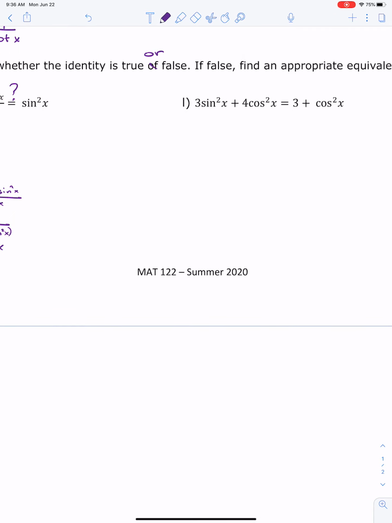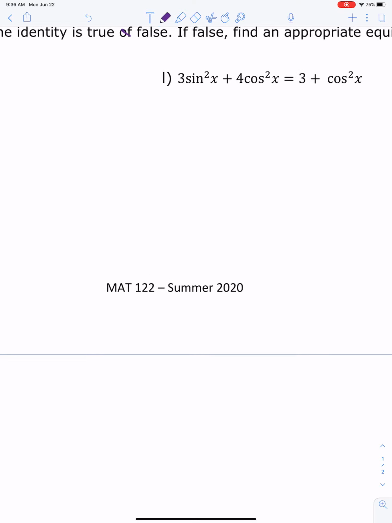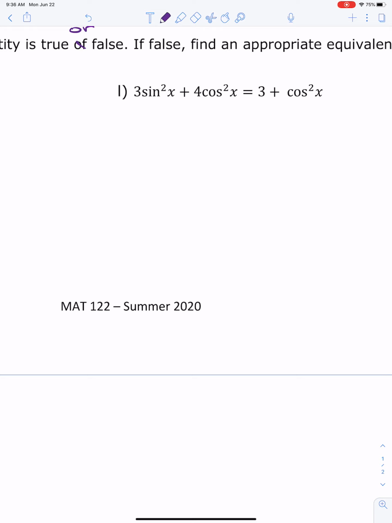Okay. L looks more complicated than it really is. I like it when I can have sine squared x plus cosine squared x because that equals 1. So I'm going to start by seeing if I can create that. I'm going to take my 4 cosine squared x and I'm going to write it as 3 cosine squared x plus 1 more cosine squared x. See what I'm getting at here?